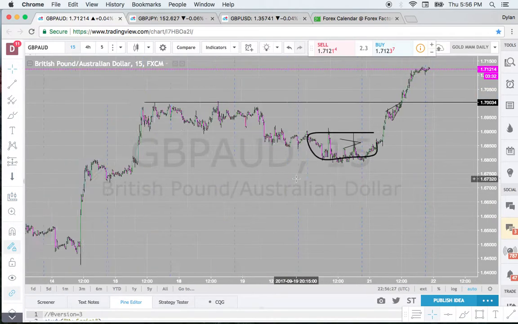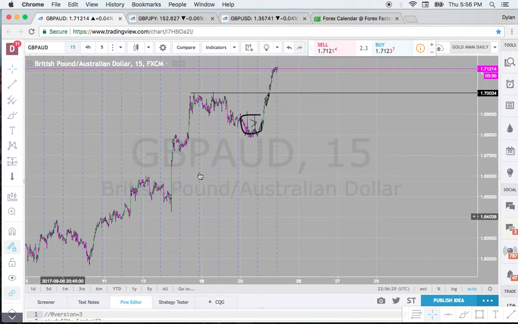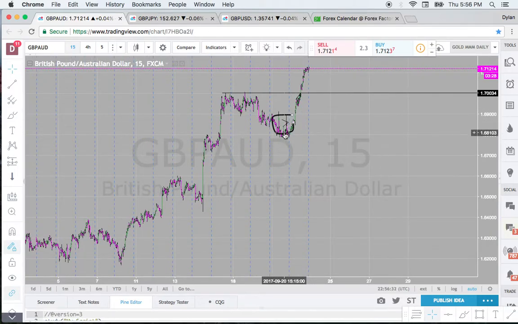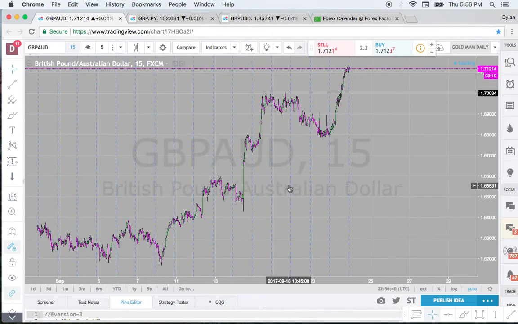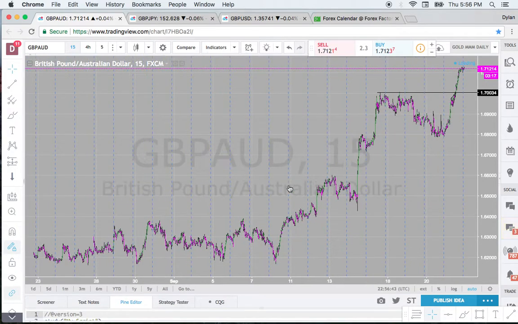And like I said, you guys, this happens every pair, every time frame. It also happens with the W formations. Just think of this inversely. Everything that I'm saying, just think of it inverse.